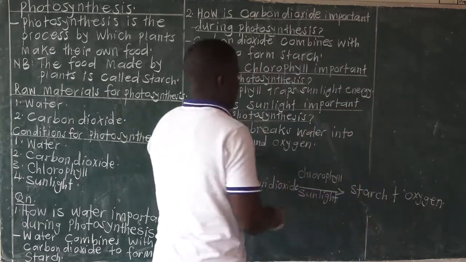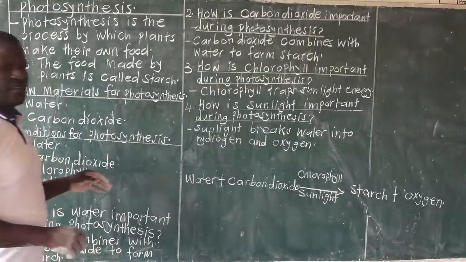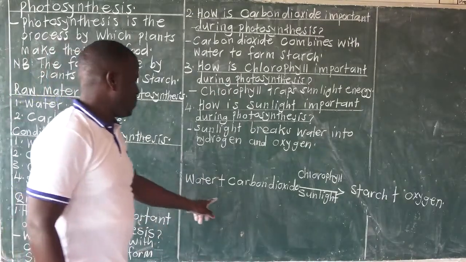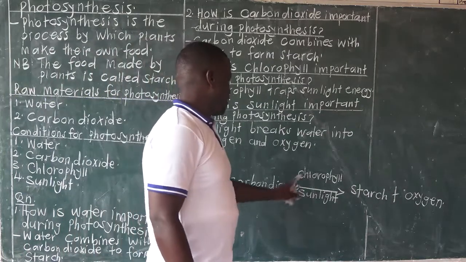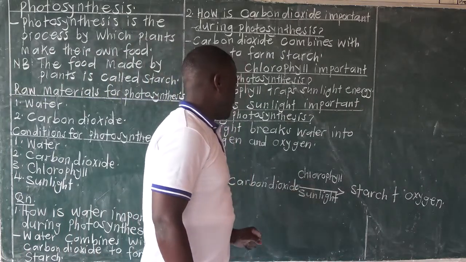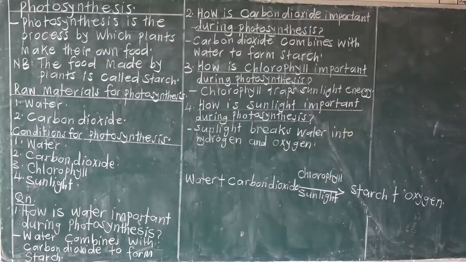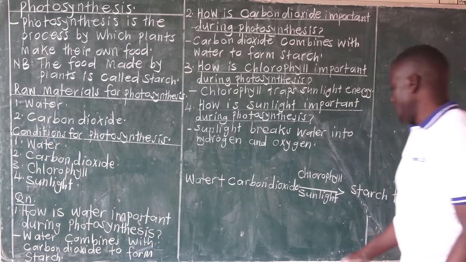So this is the formula for photosynthesis. Starch is the main product, oxygen is a byproduct.